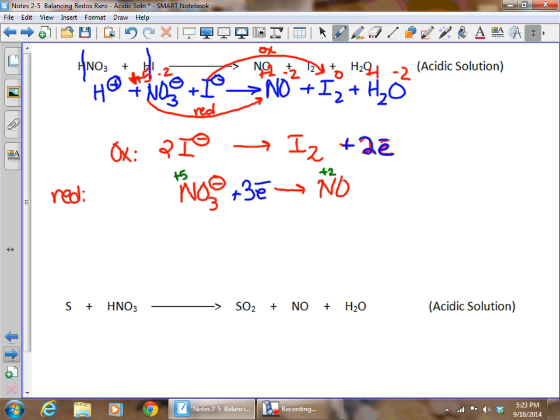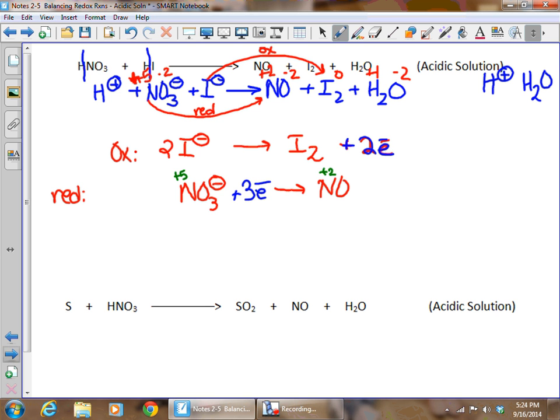Now, here's the step further that we've got to worry about, and that's the oxygens. Yes, we've balanced the charge change that's happening with those electrons, but we have not balanced the oxygens. Since this is an acidic solution, there are 2 things that we have an unlimited supply of, and that's H pluses and H2Os.